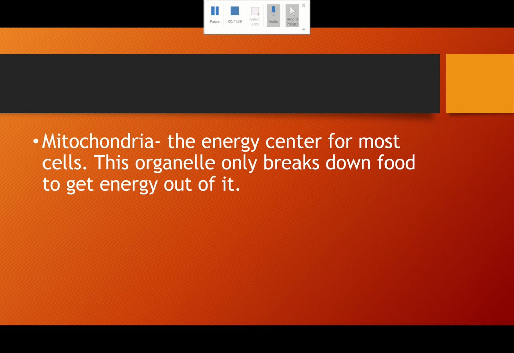I want you to think about your body for me. Do you think there's anywhere where you might need energy more than another place? Think about that. Where do you think in your body you might need more energy than the normal amount? Well, for me, one of my first thoughts is my brain and my heart and my lungs. Think about those. Those objects are constantly working. So they constantly need energy.